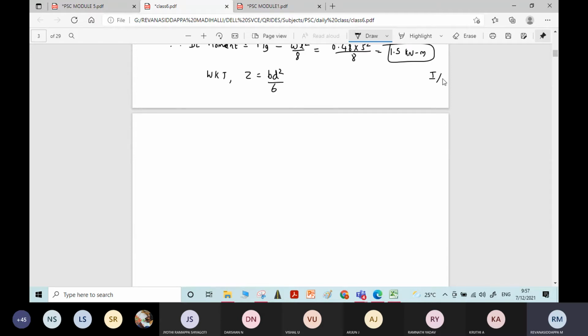You can use either the I by y formula, where I equals bd cube by 12, y equals d by 2. bd cube by 12 divided by d by 2, if you simplify you will get bd square by 6. b is 100 into d is 200 square divided by 6. Tell me. It's 666.67 into 10 power 3.